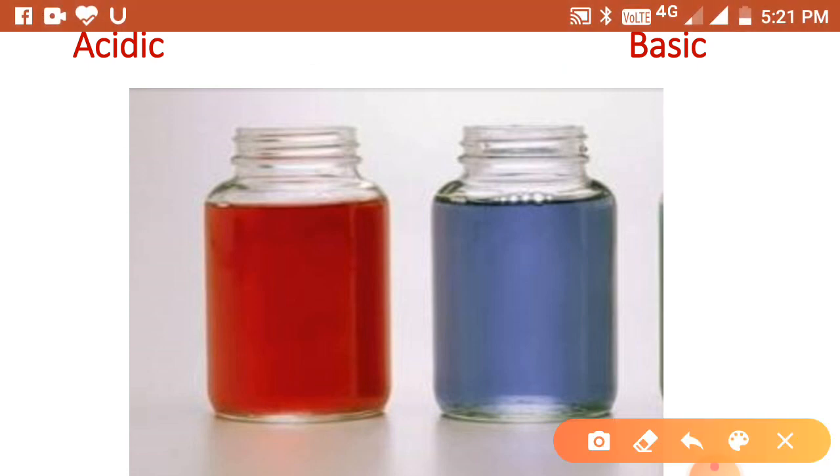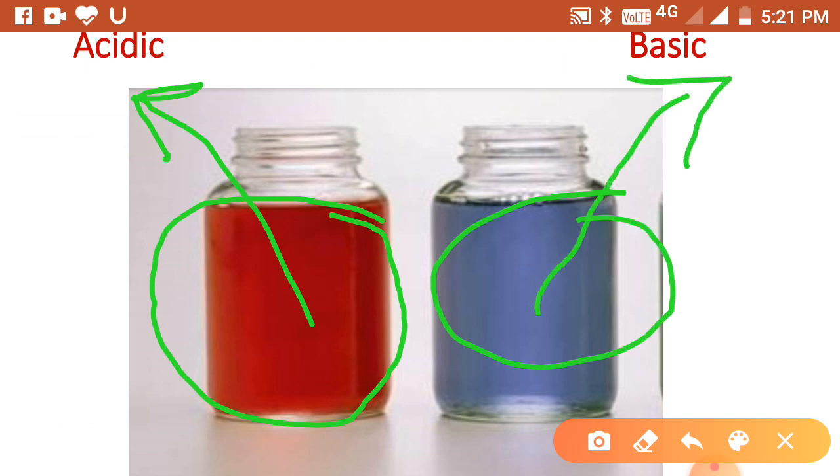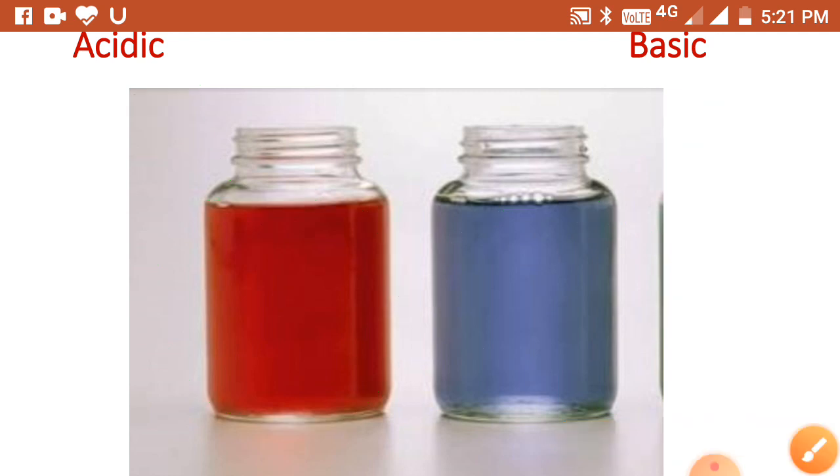When we use lichen solution in any substance and the substance color changes into red, that means the substance is acidic. And if the color changes into blue, that means the solution or substance is basic. Litmus changes the substance into red or blue, and these colors help us to identify the solution as acidic or basic.